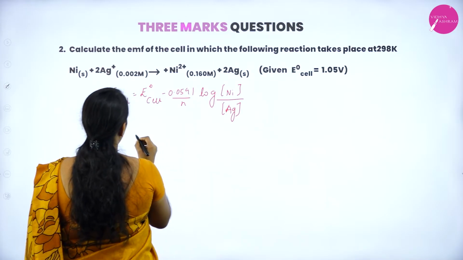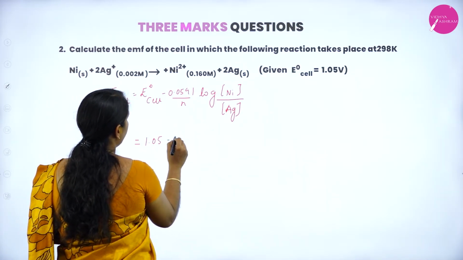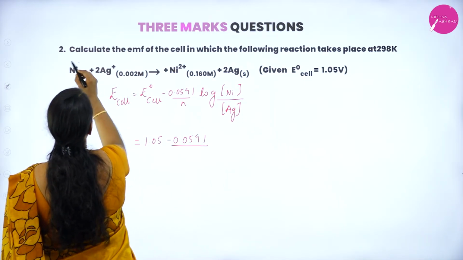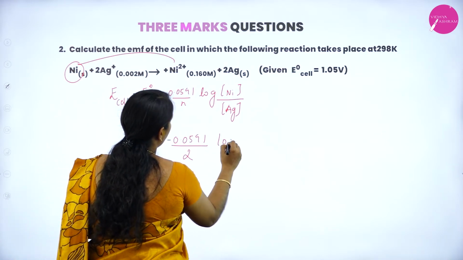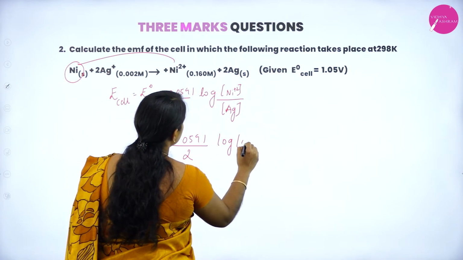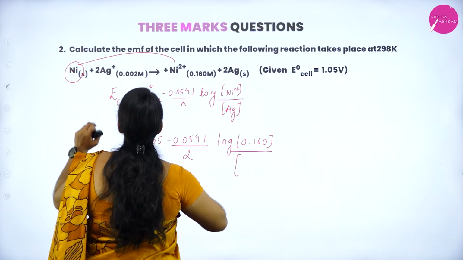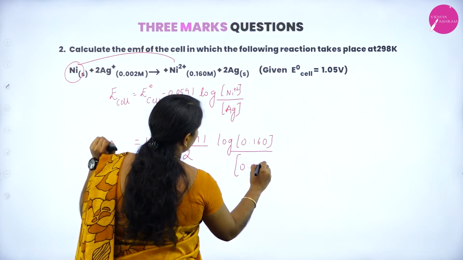Now what is the E0 value? They have given 1.05 minus 0.0591 divided by the number of electrons lost by the nickel, which is 2 electrons, into log of the concentration of nickel 2+, which is 0.160, divided by the concentration of silver, which is 0.002.